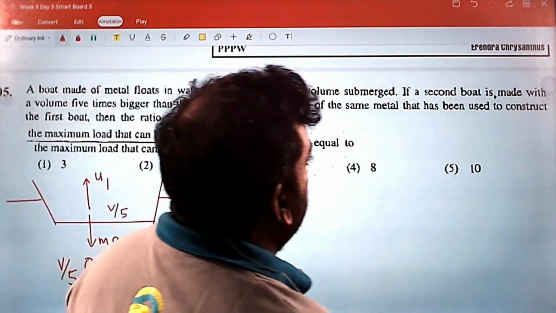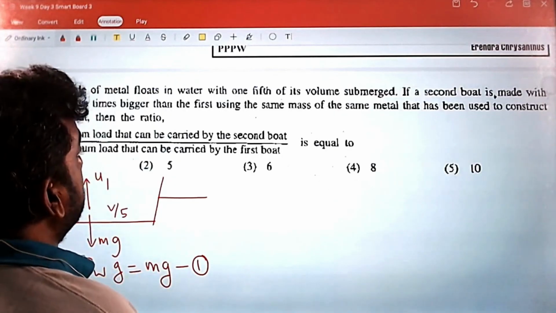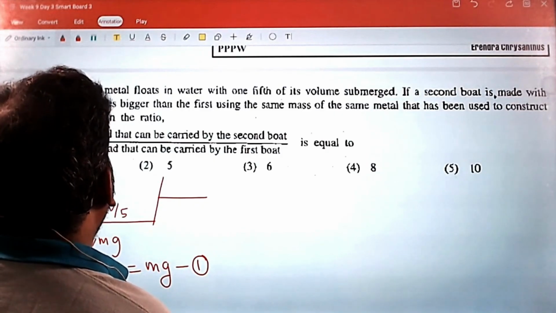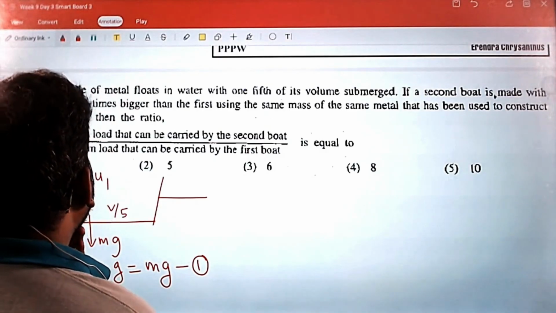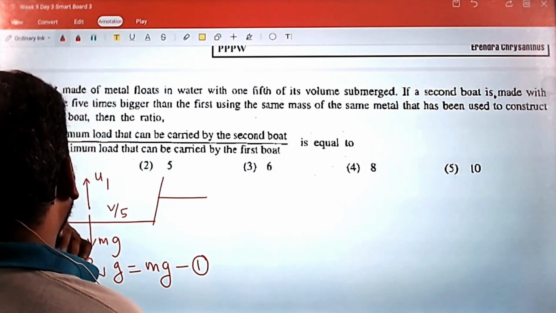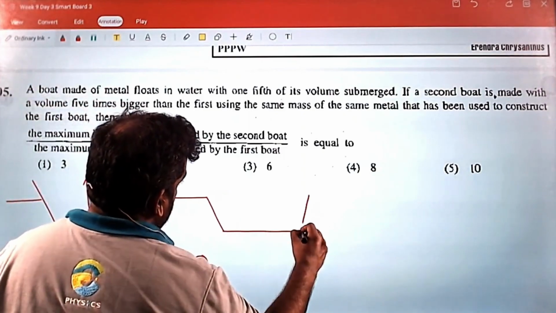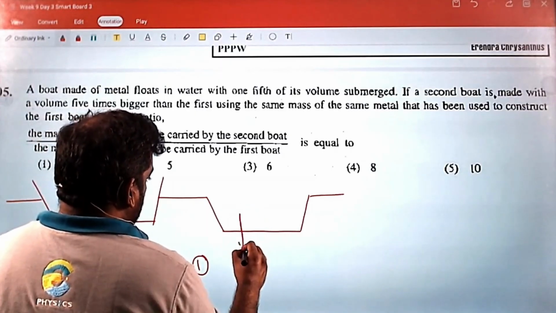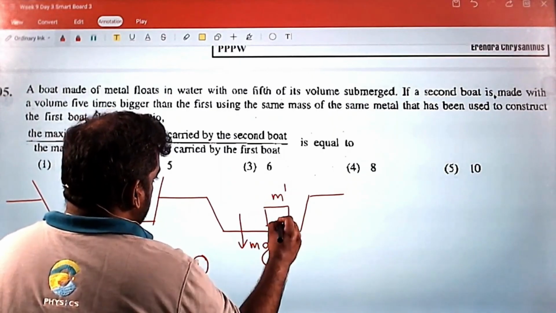If a second boat is made with a volume 5 times bigger than the first, using the same mass, then find the ratio of the maximum load that can be carried by the second boat to the maximum load that can be carried by the first boat. Maximum load means just about to submerge. So here, apart from the weight, maximum load m dash.